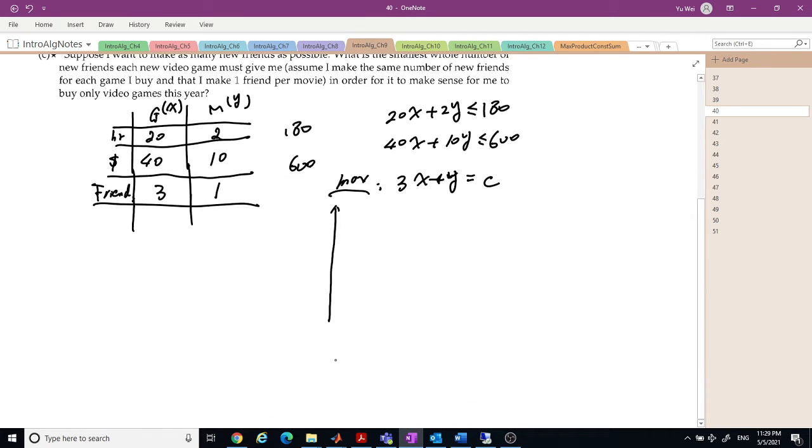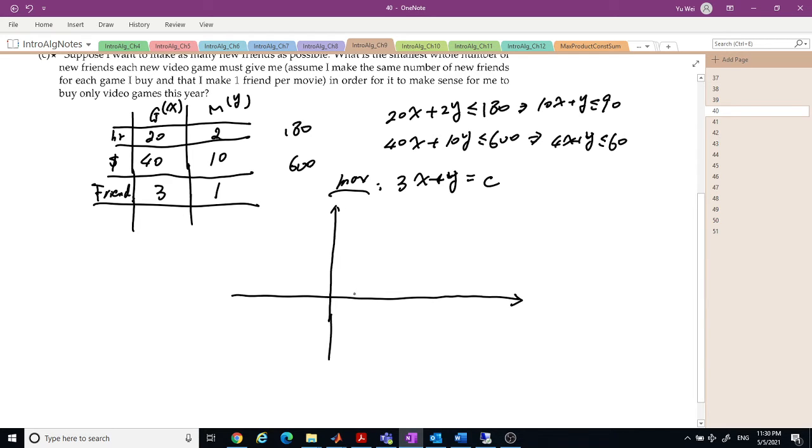Now you can see we can put this problem on the coordinate graph. Before we put it on, let's simplify a little bit. So this is 10x plus y less than or equal to 90, and this one is 4x plus y less than or equal to 60.